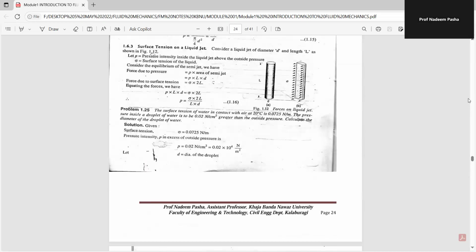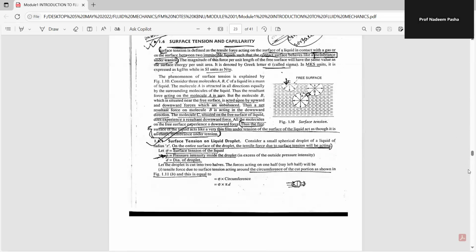Starting with surface tension. So what was surface tension? Tensile force acting on the surface of a liquid when it comes in contact with a gas or between two immiscible liquids which cannot be mixed. The SI unit of surface tension is Newton per meter. And if you see here, three bubbles are inserted. Bubble A is completely inserted inside the water, so the resultant force acting on it will be zero.